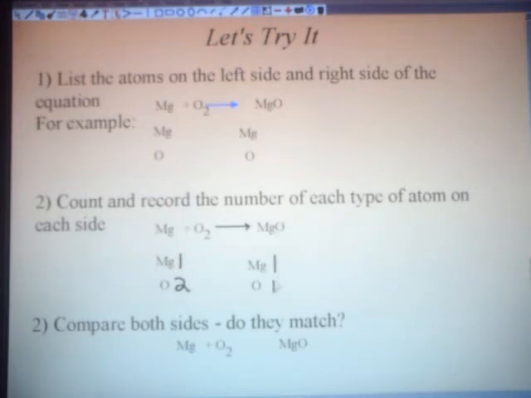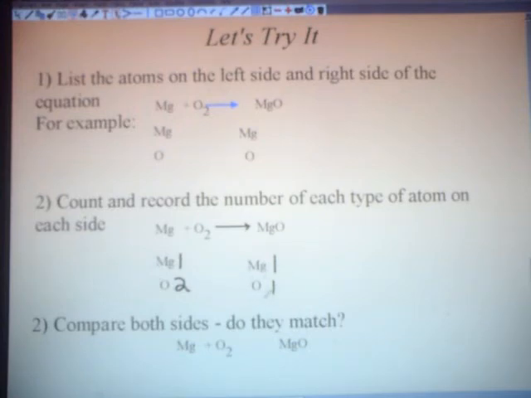So now I need to compare both sides. Well, I have 1 magnesium here and 1 magnesium here, so they look like they might be balanced, but I have 2 oxygen here and only 1 here. On the right side, I only have 1 oxygen.